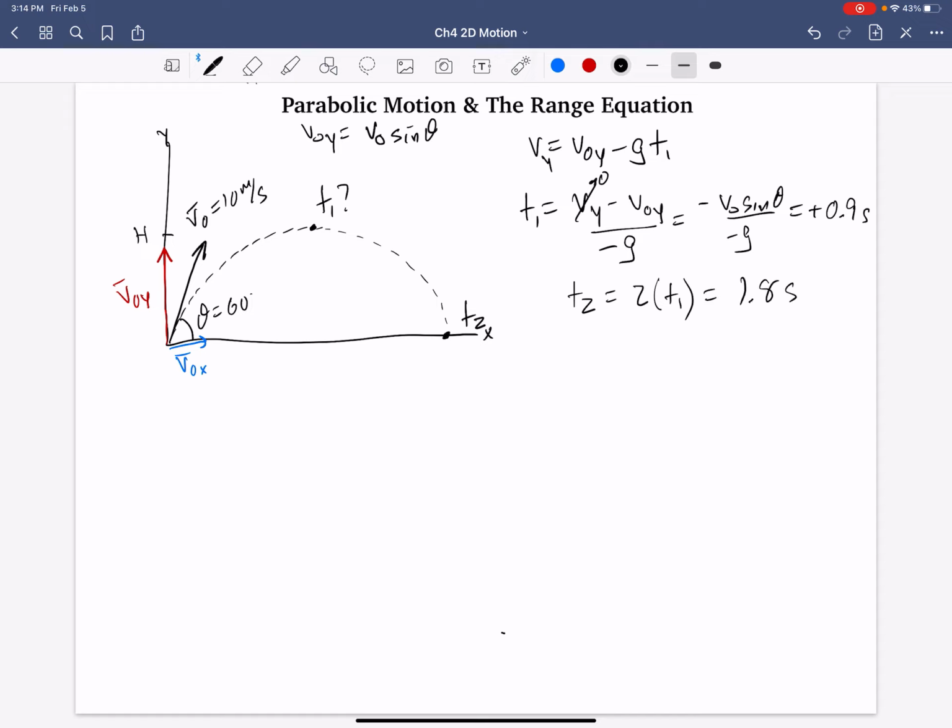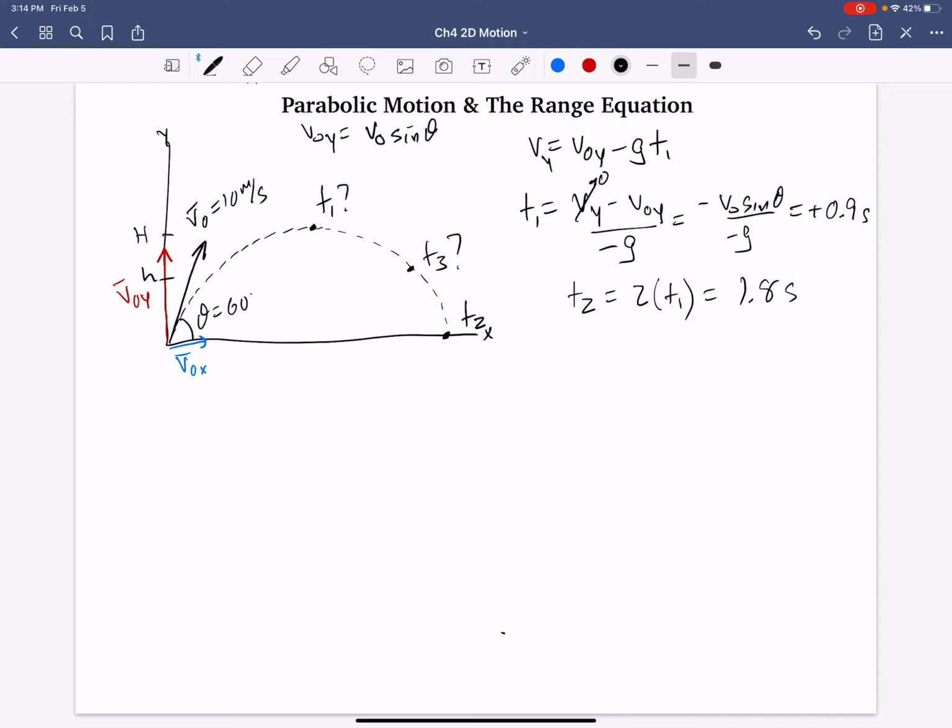Okay? The real question here, and the point of this video, is what if you wanted to find a time, or what if you wanted to find a final height of some point in between? Say right there. How would you do that? That's at a height we'll call lowercase h.